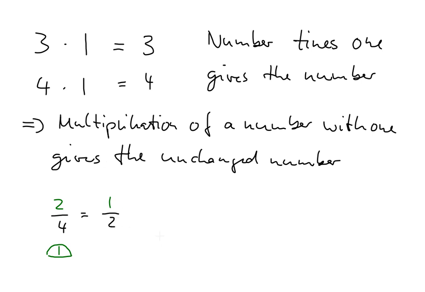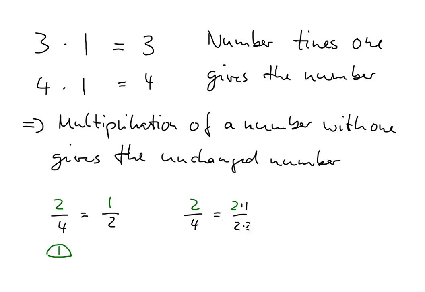How can this go? First, if you have 2 divided by 4, you can also say you have 2 times 2, which is 4. And what you also have is 2 times 1. You agree? 1 times 2 is a multiplication with 1. It does not change 2. You get 2.